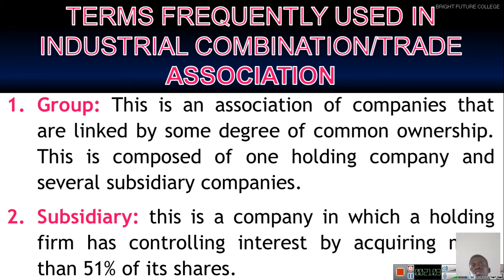So it means it's only their opinion that will be valid. That's what is called controlling interest, because you have more than 51% of the shares issued by a company.